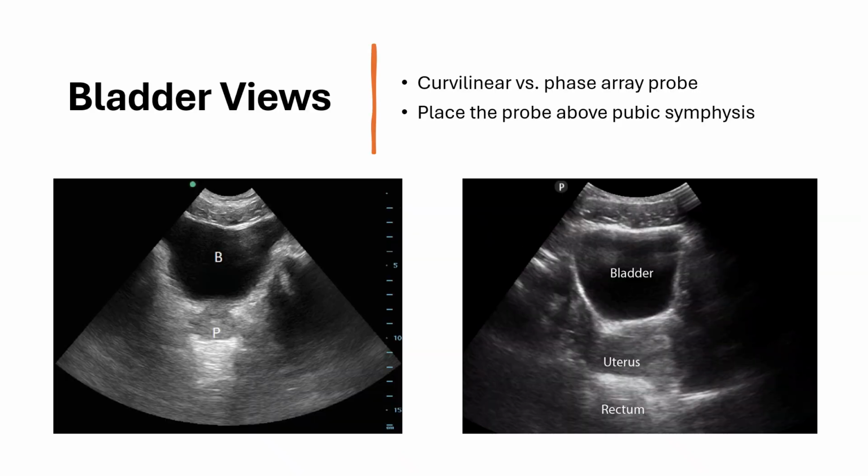Let's take a look at the bladder views with ultrasound. You can either use curvilinear probe or phase array probe. In pediatric and skinny adults or small adults, you can even potentially use the linear probe, which will give you superior spatial resolution. You want to place a probe above the pubic symphysis, and here you see how a typical bladder will appear in ultrasound.